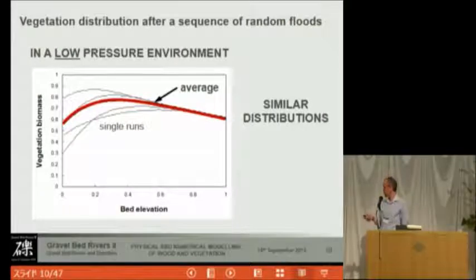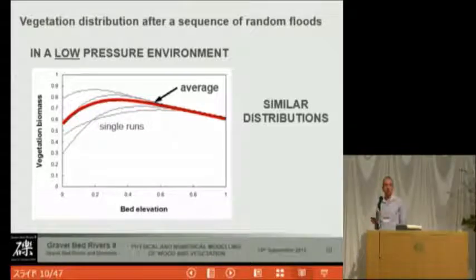You can compute single realizations of this random sequence of floods, and then you can compute an ensemble average. So the red line here is the ensemble average, and you see that the single realizations are not so different from the average.